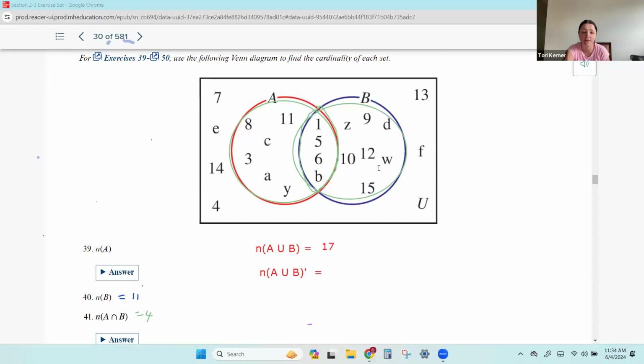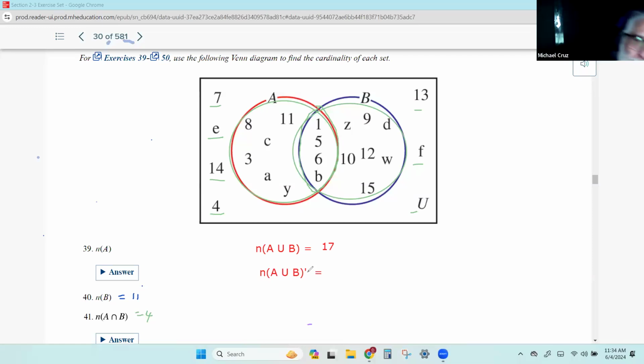All the stuff in the universe, it's in the universe but not in the circles. Everything inside of the rectangle is in the universe. Exactly, because these here are not in the two circles. Therefore, that's what the complement is. It's what's not in that set.